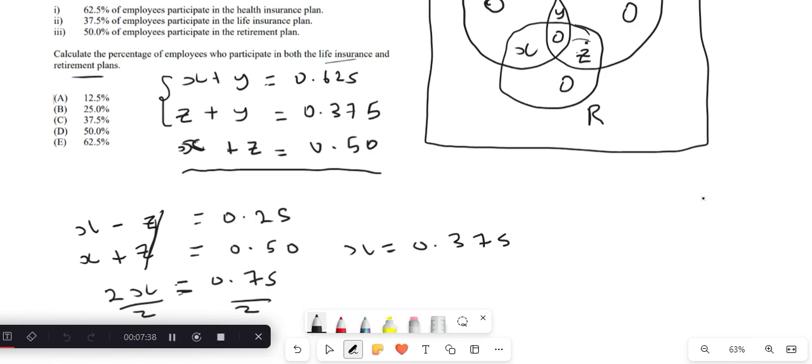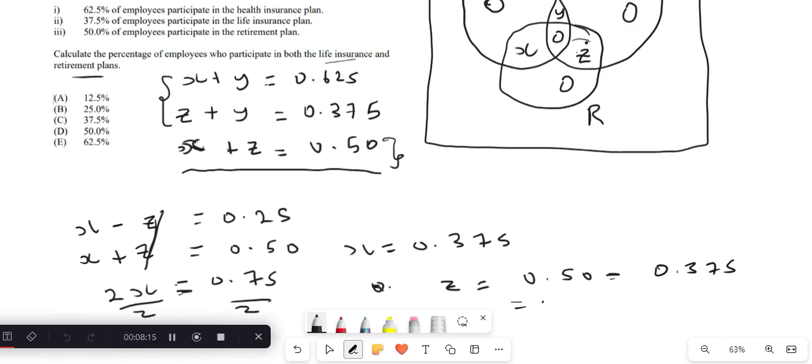And remember what I'm after is Z. So I'm going to use one of my original equations. Let's use the third one and solve for Z. We know that X is 0.375, so using the second equation, Z is equal to 0.50 minus the value of X, which is 0.375.